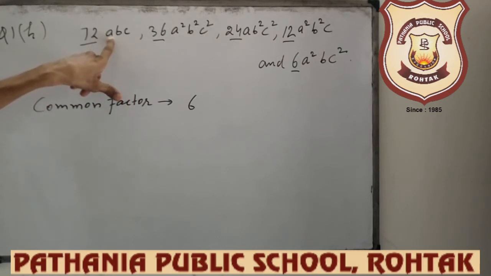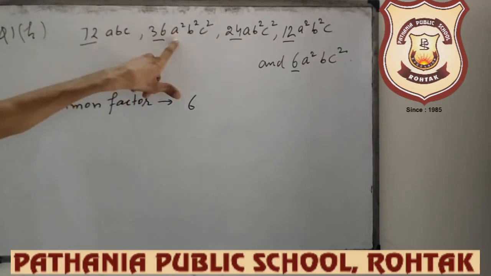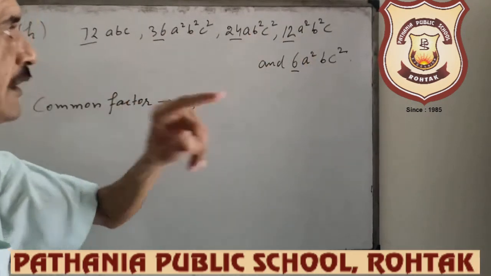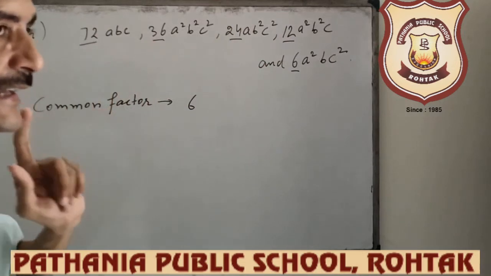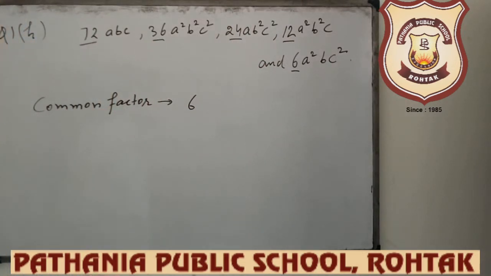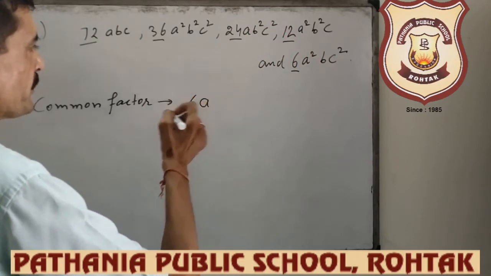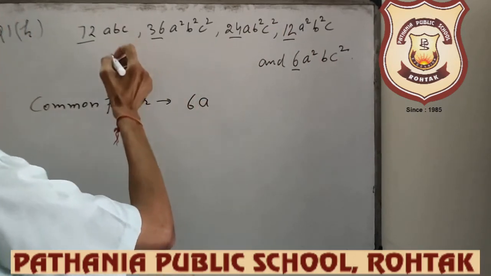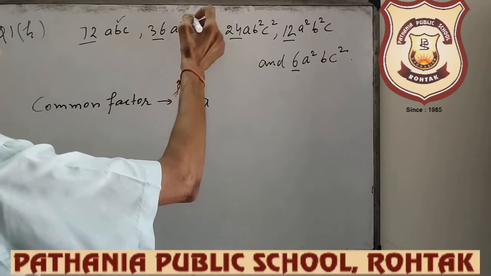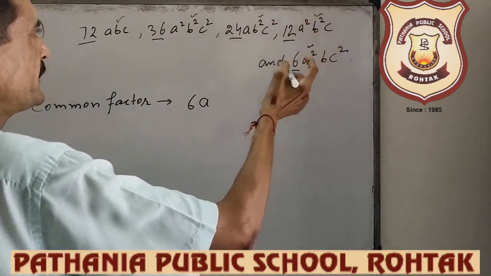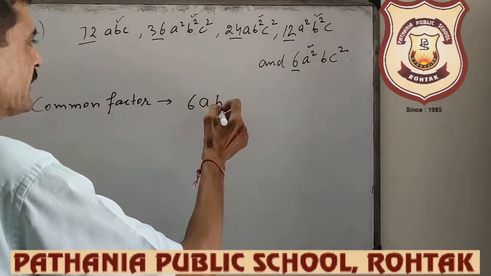Second one, a. Find the least power of a. a is there, a square is there, a is there, a square is there, a square is there. All are divisible by a. Take the minimum power, whatever powers are given. a is there. Now from b, b square, b square, b square and b square, the minimum power of b is what? 1.